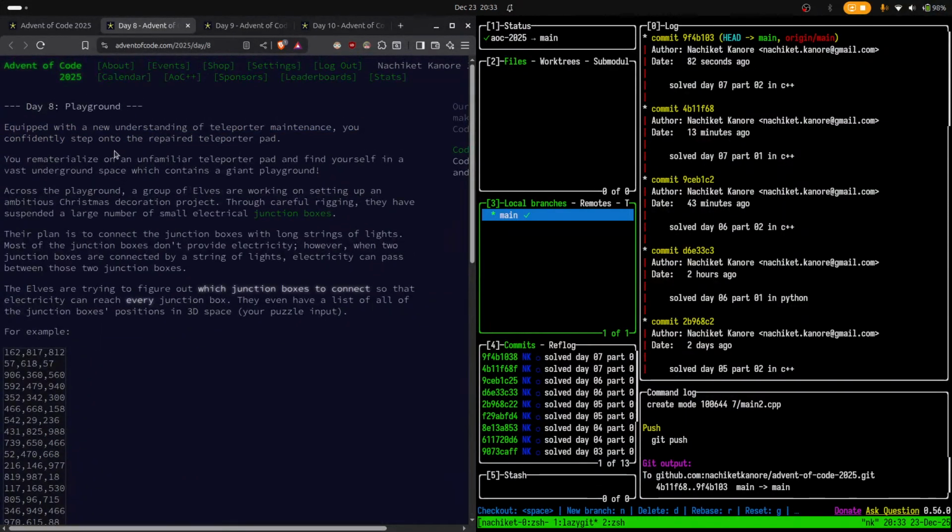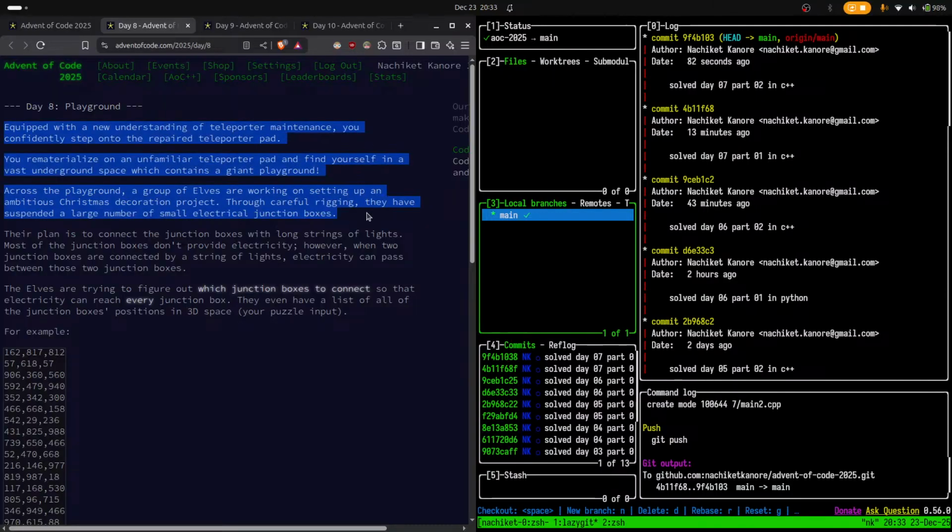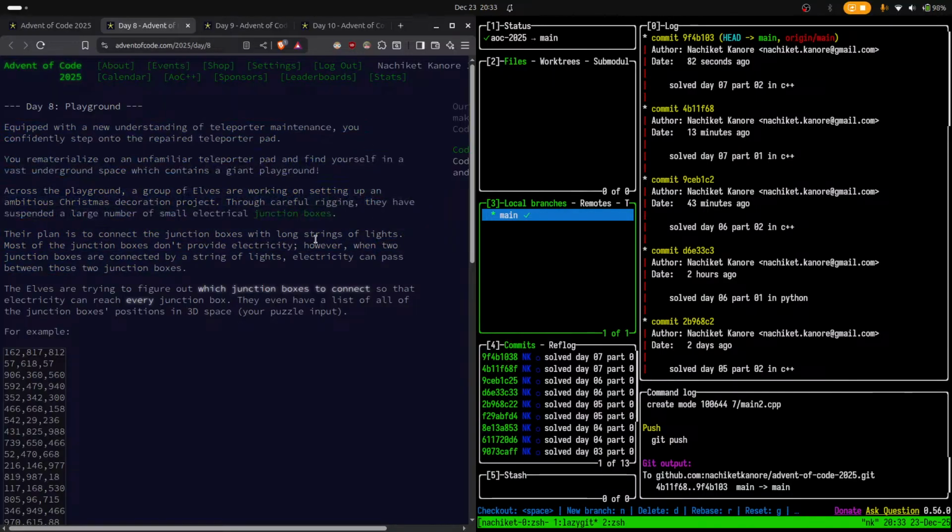Equipped with a new understanding of teleporter maintenance, you confidently step into the repair pad, materialize on an unfamiliar teleporter pad, and find yourself in an underground space which contains a giant playground. Across the playground, a group of elves are working on setting up an ambitious Christmas decoration. With careful rigging, they have suspended a number of junction boxes.